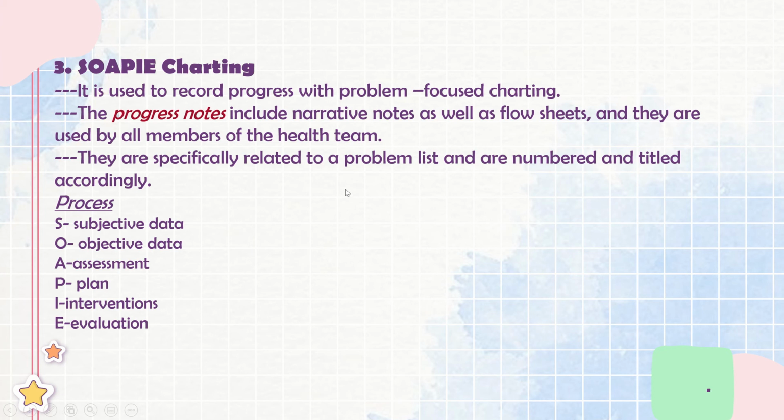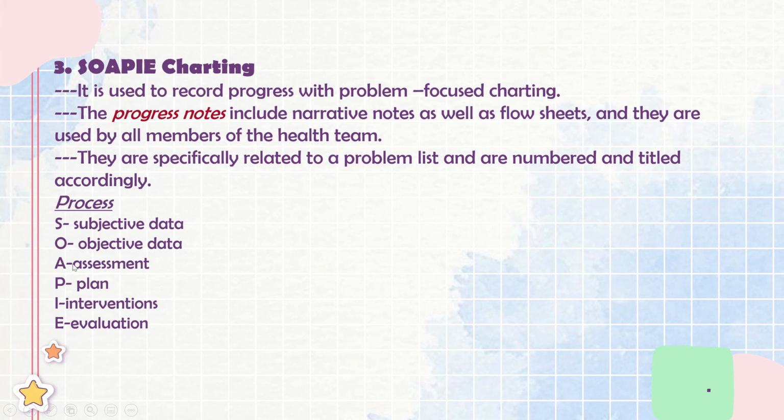Dito tayo naglalagay ng mga information to our patient. Okay? So, they are specifically related to a problem list and are numbered and titled accordingly. So, it's like yung API charting natin kanina. So, problem-focused din siya. Okay? So, paano yung process? SOAPIE. S is the subjective data, O is the objective data, A is the assessment, P is the plan, I is the intervention, E is the evaluation.